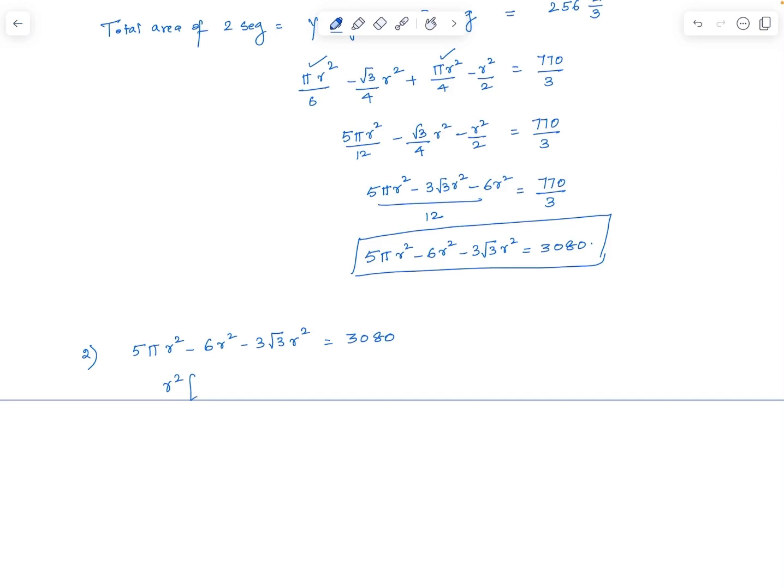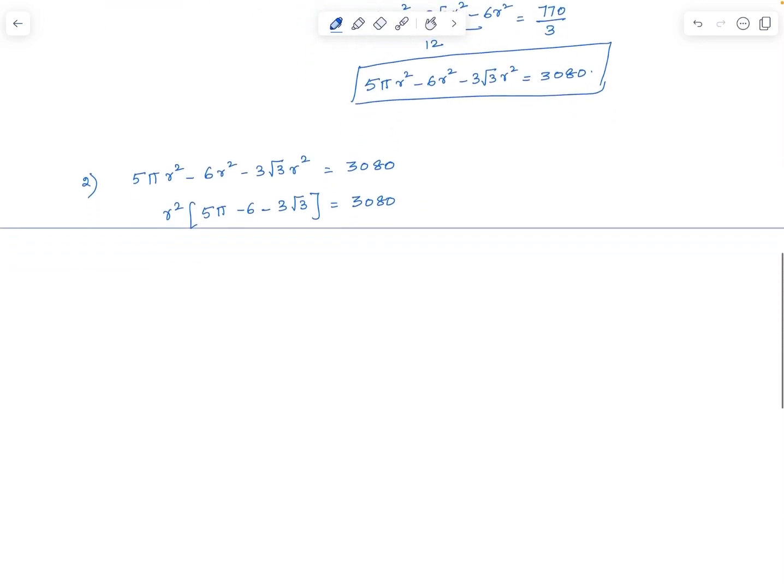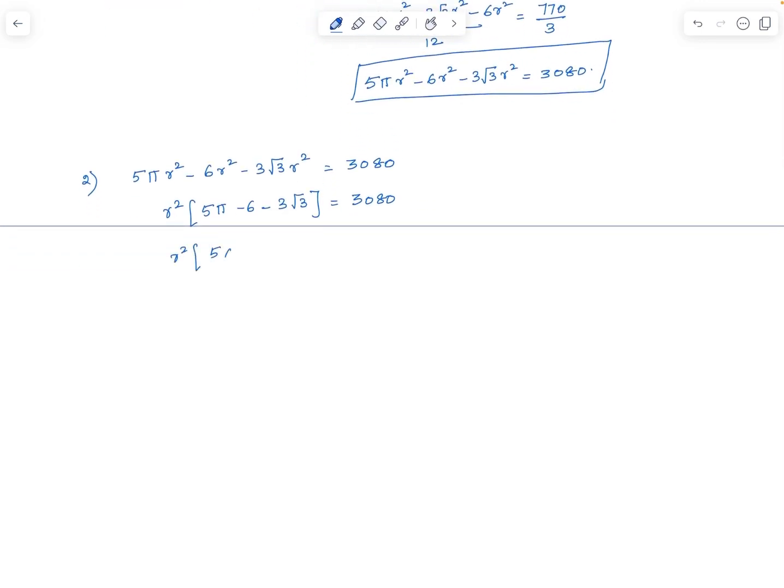Taking r square common, we get 5 pi minus 6 minus 3 root 3 times r square equal to 3080. r square times 5 into 3.14 minus 6 minus 3 into 1.732, which is 4.504, is 3080. r square is 3080 by 4.504, which gives us 683.83. r is the square root of this value, which is 26.15.